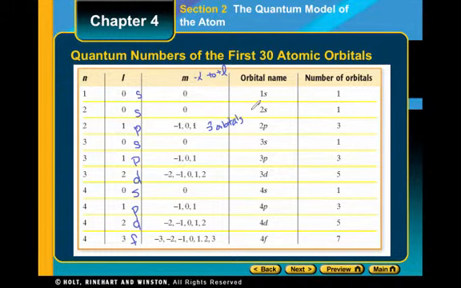These 3 right here. When D is 2, you go from negative 2 to positive 2, so there's 5 orbitals. And then for F, we go from negative 3 to positive 3, which is why there's 7. So that's basically just showing you the numbers behind the M values.